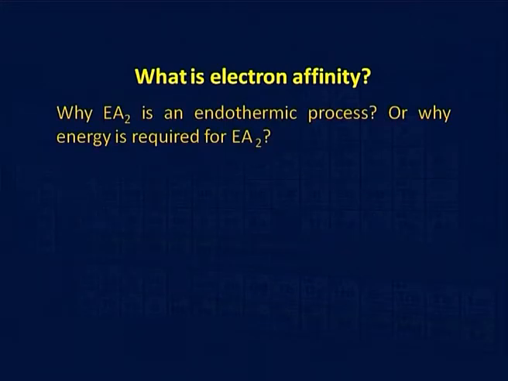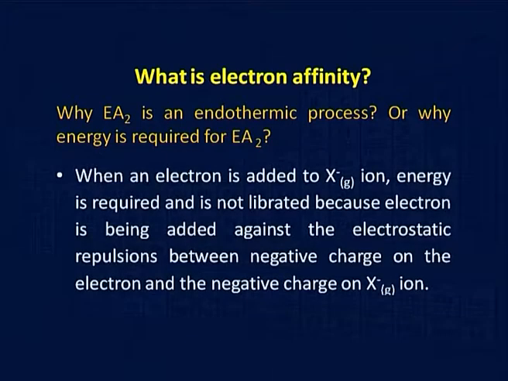Now, we have to find out why the second electron affinity is an endothermic process, or why energy is required for it. We have seen that when an electron is added to a uninegative gaseous ion, energy is required and is not liberated, because the electron is being added against the electrostatic repulsion between the negative charge on the electron and the negative charge on the gaseous uninegative ion.